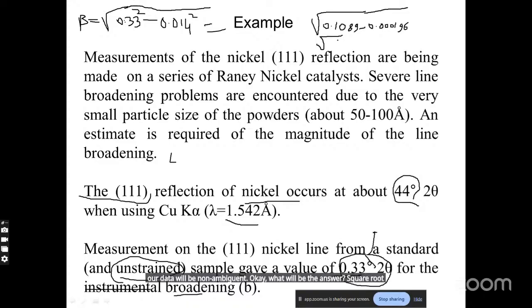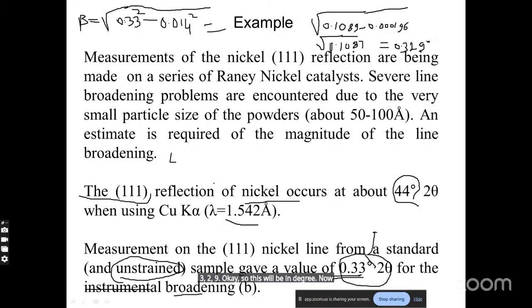The square root of 0.1087 will be your beta. The square root of it is 0.329. This will be in degrees.